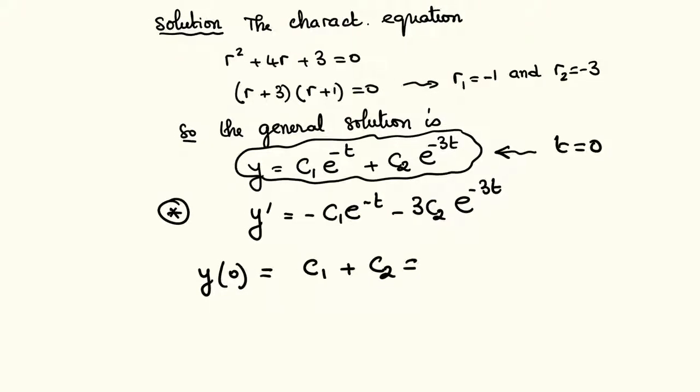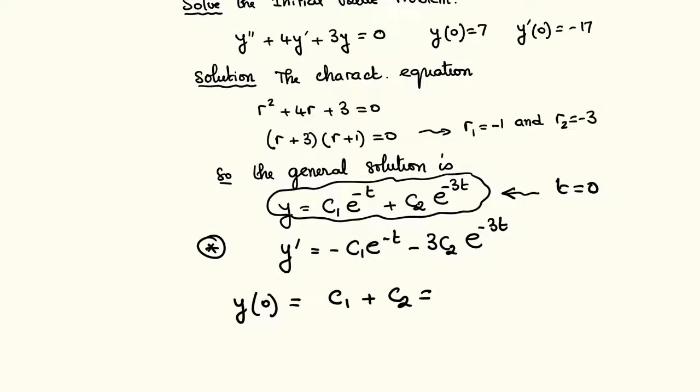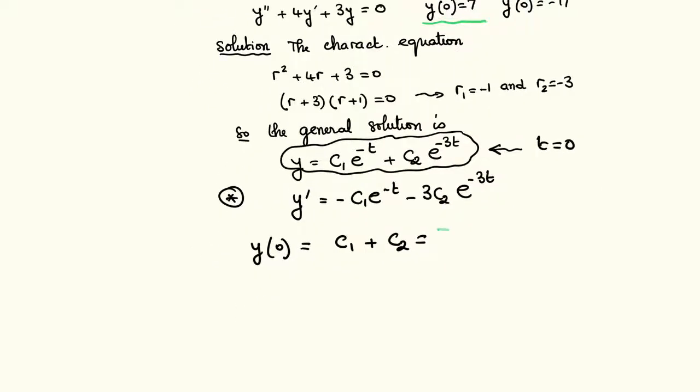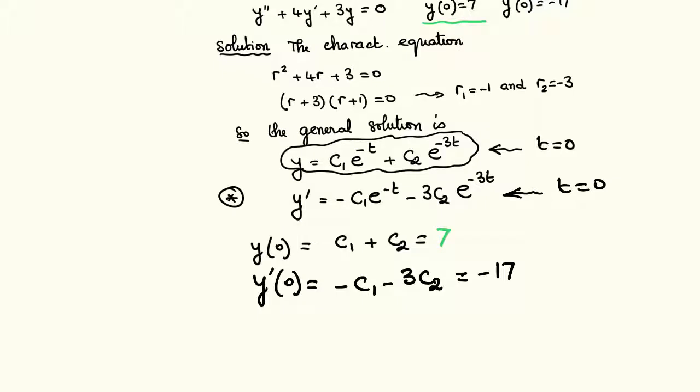And we know that y of 0 is equal to 7. This is given right at the beginning. And then y dash of 0, I now take t equals 0 and substitute it into this equation. This will give us minus c1 minus 3 c2, and that is equal to minus 17.